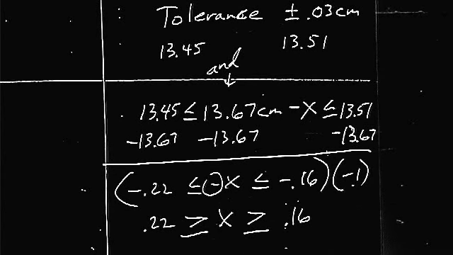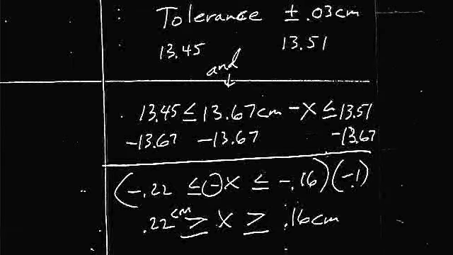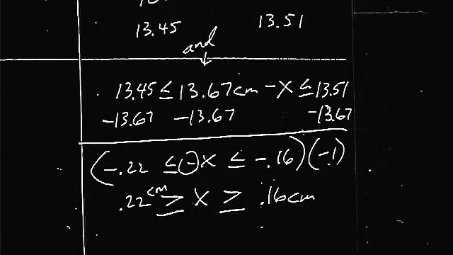So the amount that I need to cut off as a machinist has got to be somewhere between 0.16 centimeters and 0.22 centimeters. Somewhere in there, I'll have the value that I'm looking for. Okay, we'll practice those. The quality control example, you won't have tons and tons of those, but it's an example of a compound inequality that you see in real life.